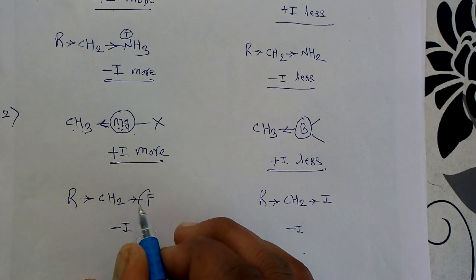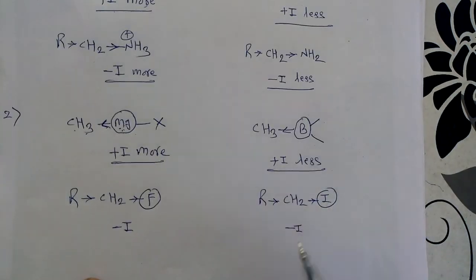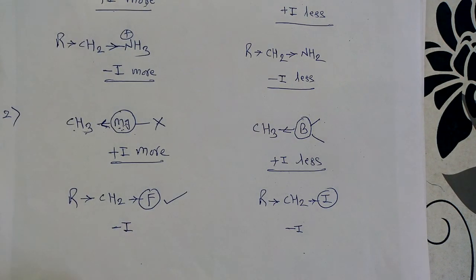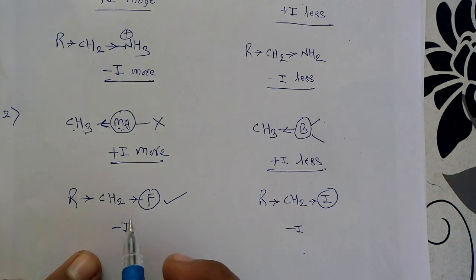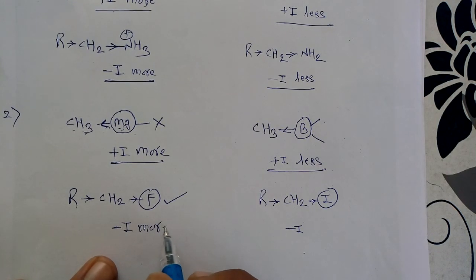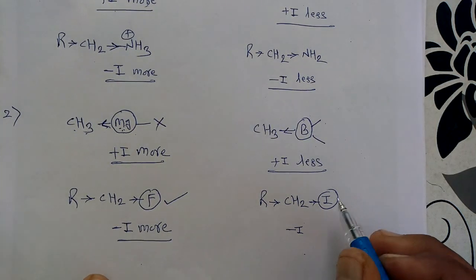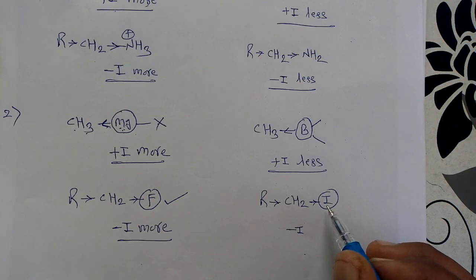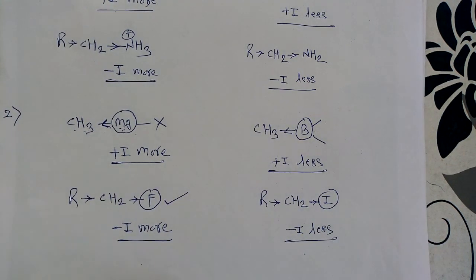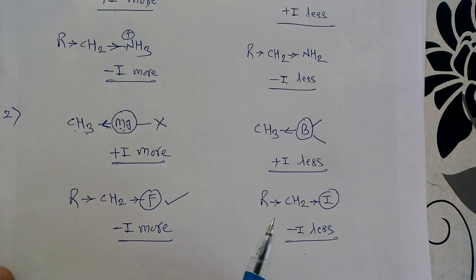Among this fluorine and this iodine, we know that fluorine has the more electronegativity, and that's why the minus I inductive effect shown by fluorine is more, while the inductive effect shown by iodine is less. So this is the second important factor which affects this particular inductive effect.